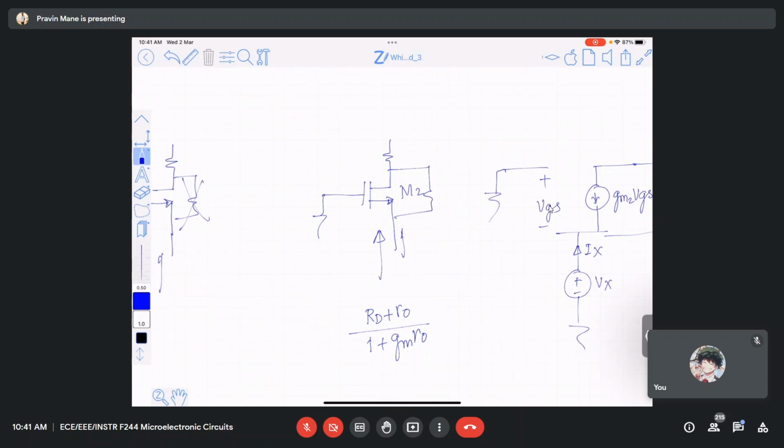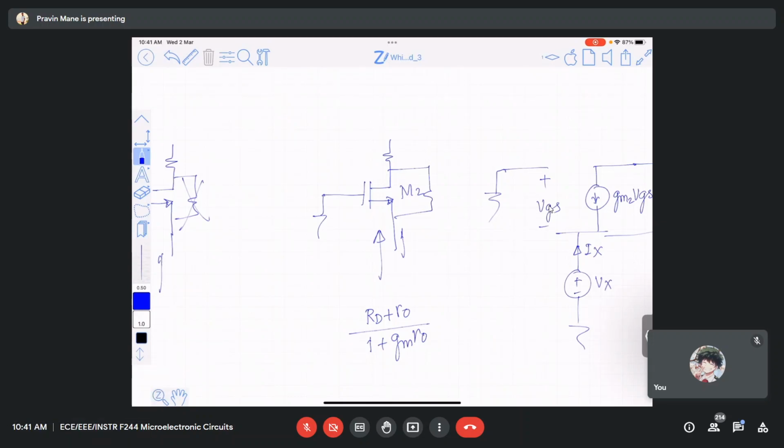Somebody will ask, where is this equation coming from? Have you done this analysis in your course till now? Yes, sir. No, sir.